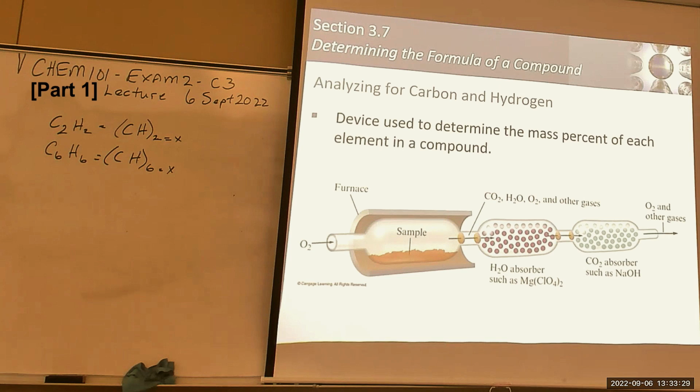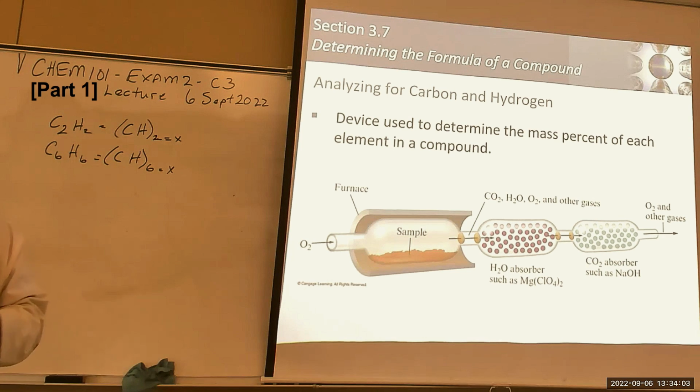Well, oxygen's going through there, right? So you can't determine oxygen this way because it's in excess. But you can say, if we know the mass of water that's here, since we know percent composition, that represents so many grams of hydrogen that came from our sample. And we know the mass of the sample too. So we know how much hydrogen came from that mass of sample, and we can ratio that in percent mass composition.